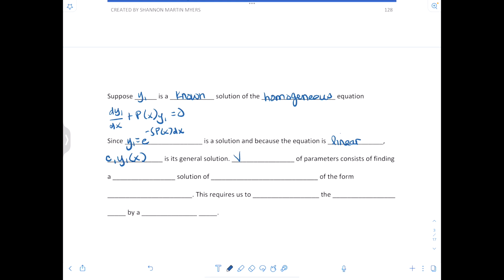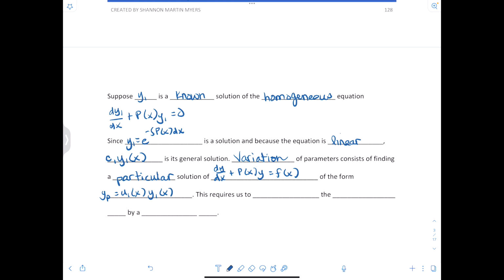Variation of parameters consists of finding a particular solution of dy/dx plus p(x) times y equal to f(x) of the form yp equals u1(x) times y1(x).